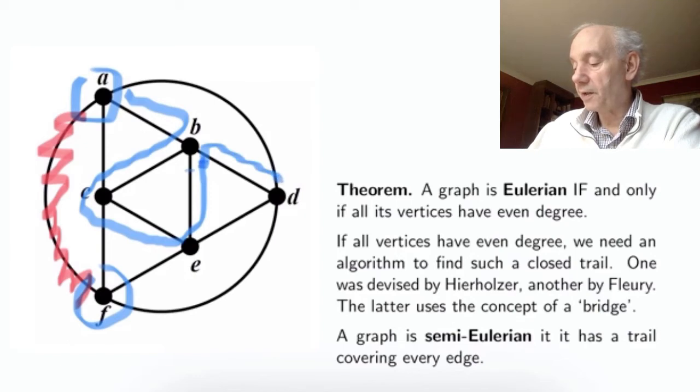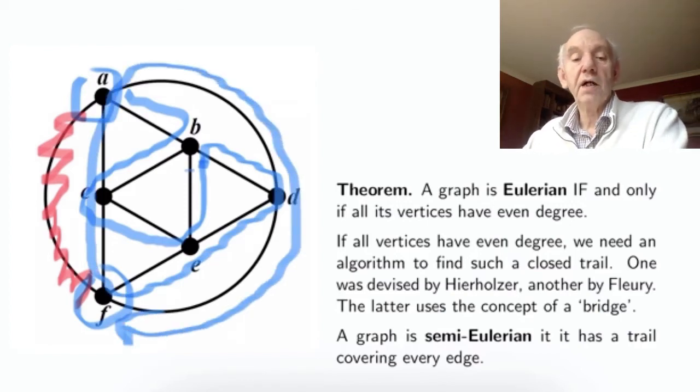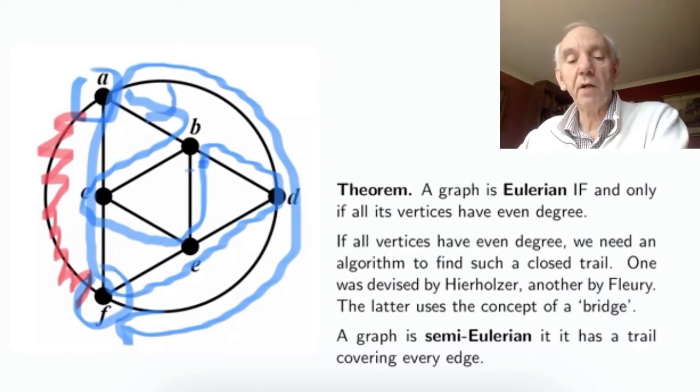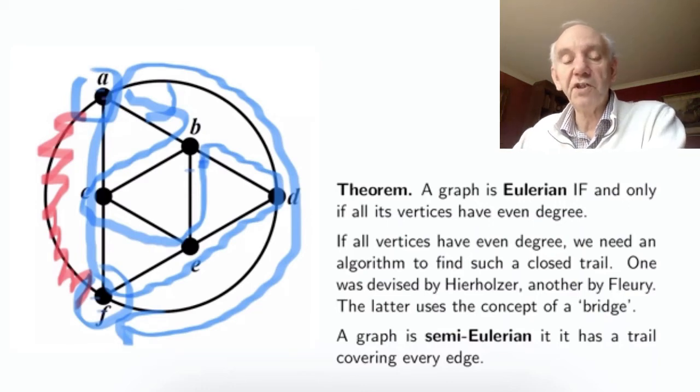Here I can go to E, then I can go to F, then I've still got to cover those two, then I can go all the way around, I guess, and then I finish at F. So I haven't gone over any edge more than once, but I had to start at A and finish at F. So that would be called a semi-Eulerian trail, and it's easy to see that's going to be possible if and only if there are at most two vertices with odd degree, because you have to start at one of them and finish at the other.